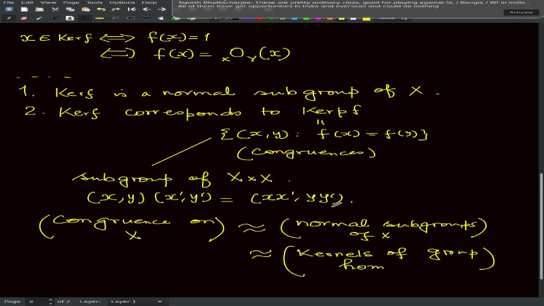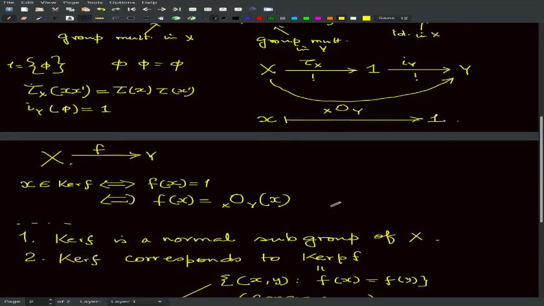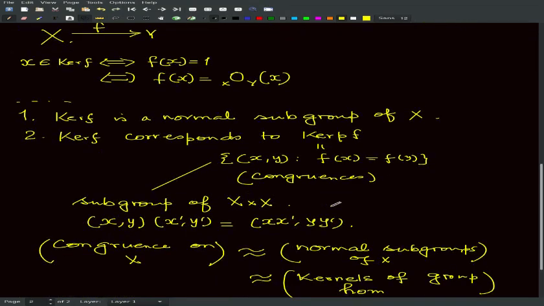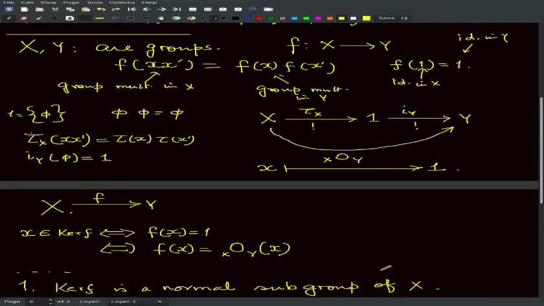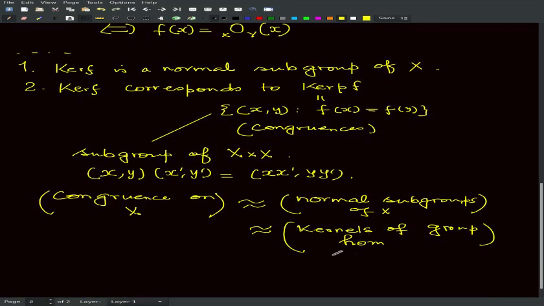Now, the question that Stanley asked, is there a connection? Yes. So using this equivalence, we can think of kernels as nothing else but some congruence, and congruences are nothing else. In fact, there is another one which is the kernel pair of group homomorphisms.